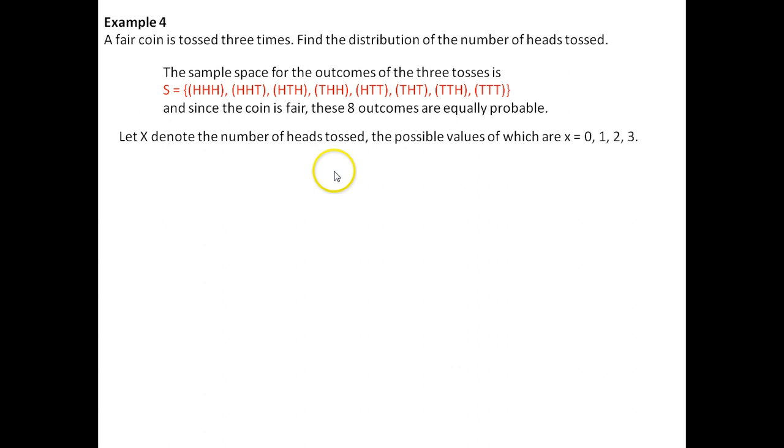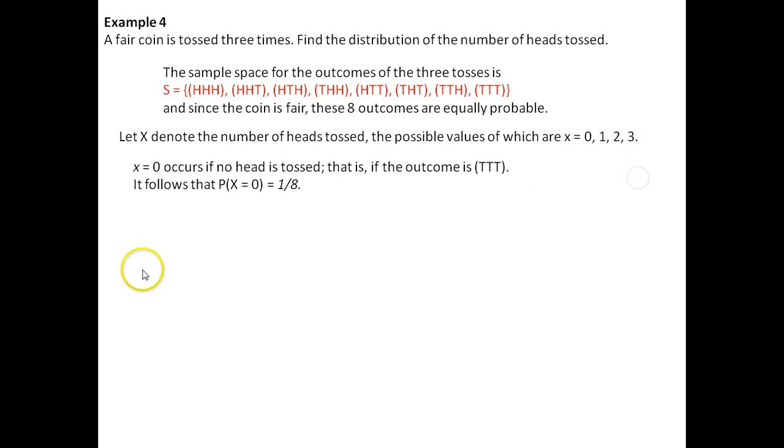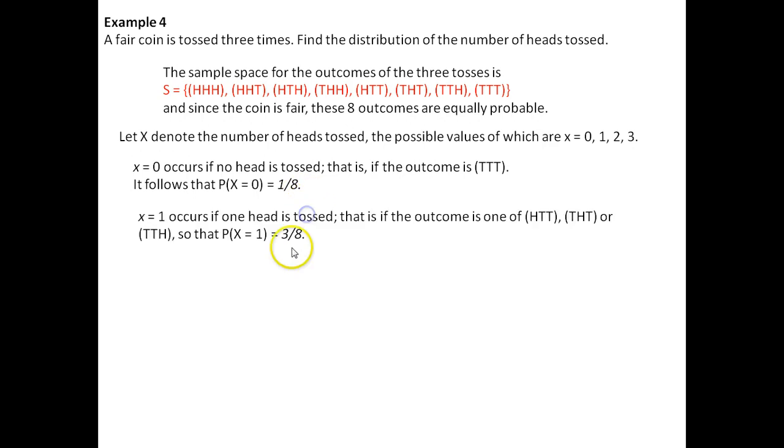Let X denote the number of heads tossed, then the possible values are going to be no heads, 1 head, 2 heads, and 3 heads. X is 0 if no head is tossed, that is, if the outcome is tail, tail, tail. It follows that the probability of X is 0 is 1/8.